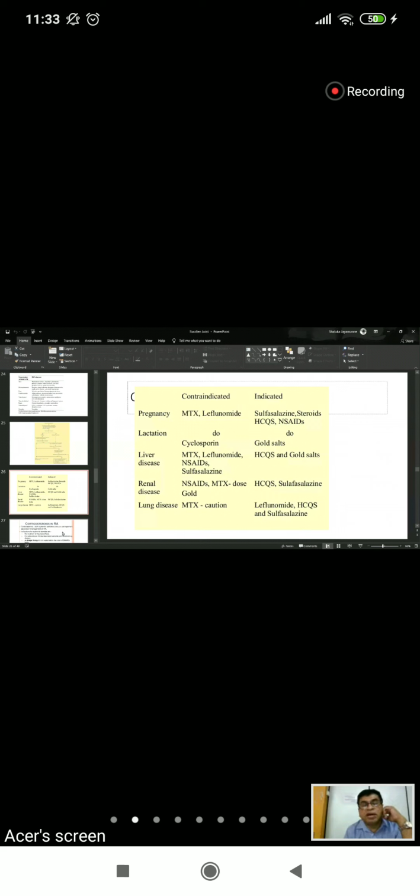So you can see when you consider this history, it's a young female with potential pregnancy. What drug will you start if you look at this? What is your preferred anti-rheumatic drug here?